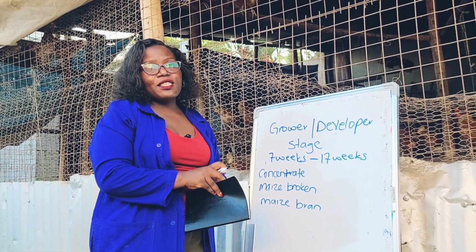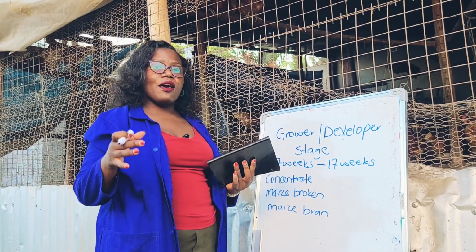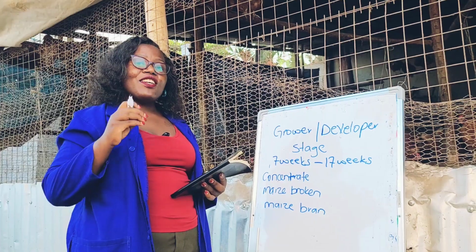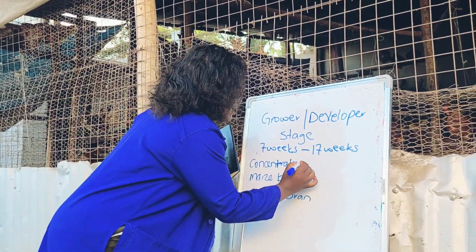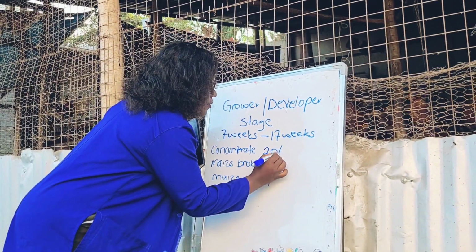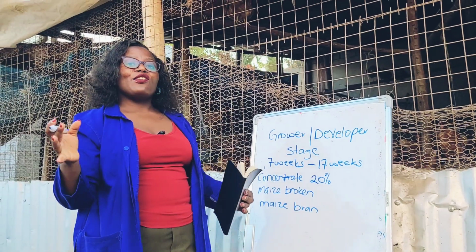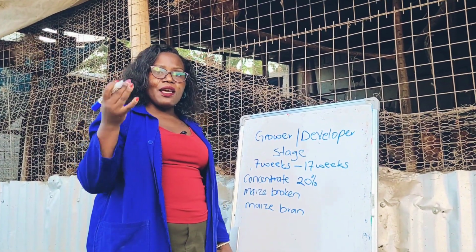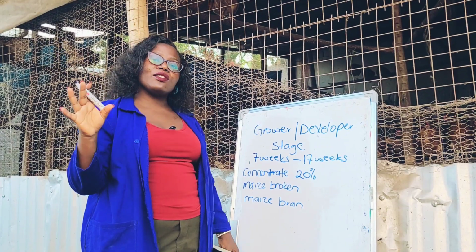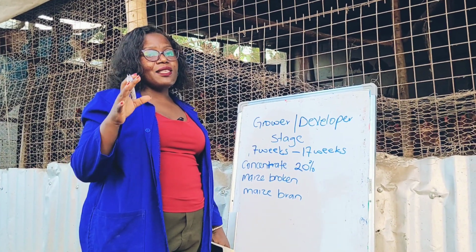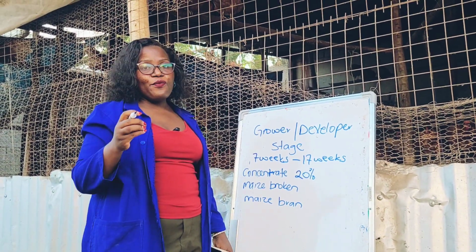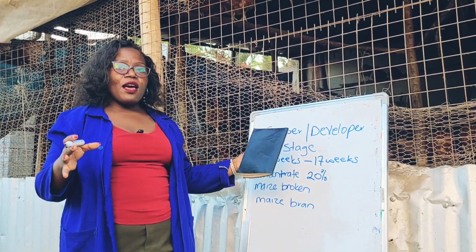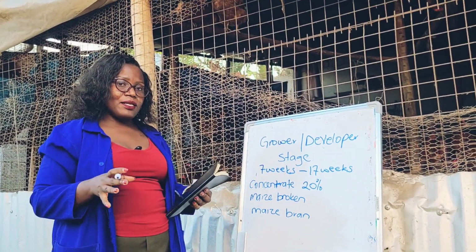And in all these formulas that I'm going to give, the concentrate we are using is the concentrate 20%. Remember, I told you that we have concentrate 20%, concentrate 10%, and 5%, and all these percentages have different formulas. But in this case, I'm giving formulas for concentrate 20%.